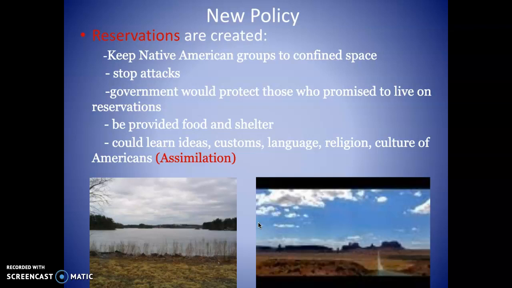The government promised it would protect those who would promise to live on reservations. They were told they would be provided food and shelter, and on reservations they would be able to learn ideas, customs, language, religion, and culture of Americans. This idea is known as assimilation.